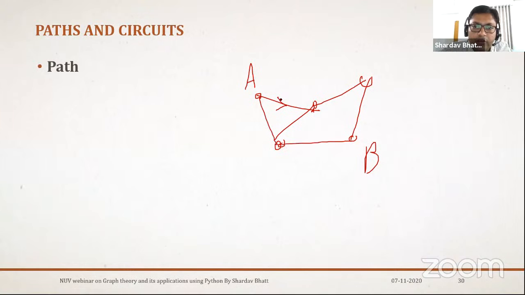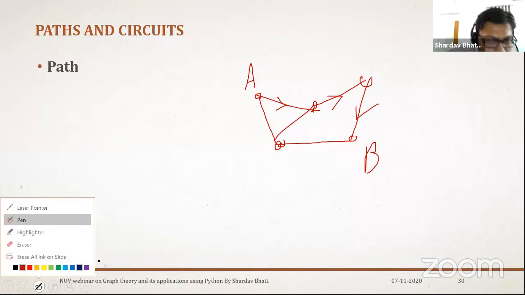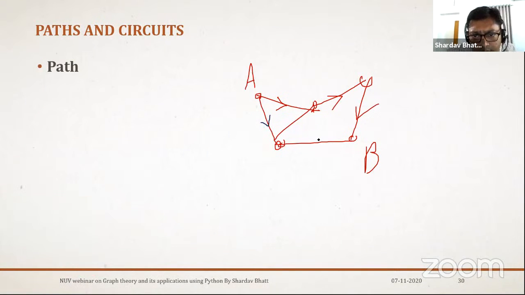Suppose I also have this type of thing. You will go in this direction. So this is one such path from A to B. If you go this way, then this will be another path. Or a third path is also possible, in which you can take a turn from this and take the long route. So this is called a path.